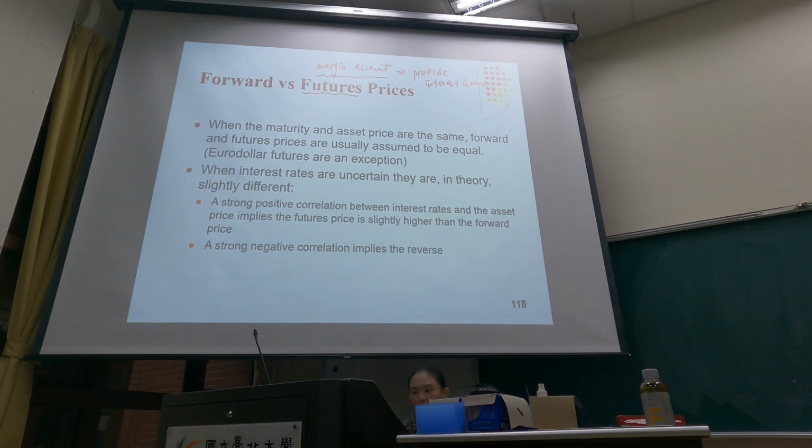When the maturity and asset price are the same, which means that the two contracts are identical, forward and futures prices are usually assumed to be the same. So basically, you are following the same formula, okay? Like F0 equals S0 e^(rT) can be valid for both forward and futures contracts, all right? But here in the bracket, it says euro-dollar futures are an exception, because, what is euro-dollar? It means that you are trading a contract with different currency, okay?